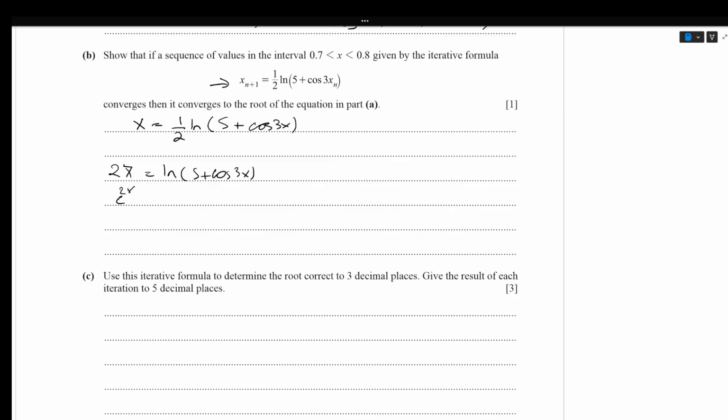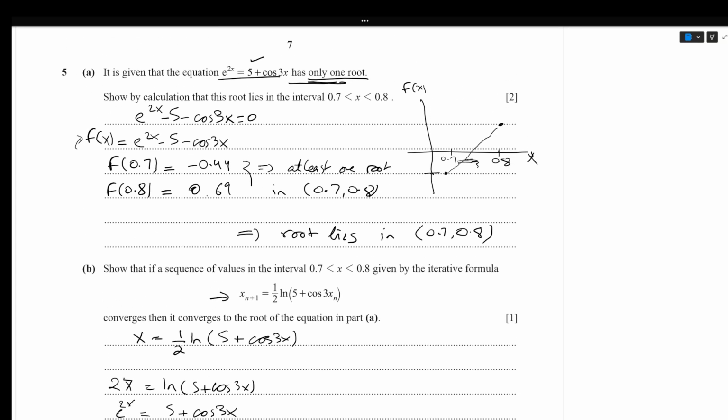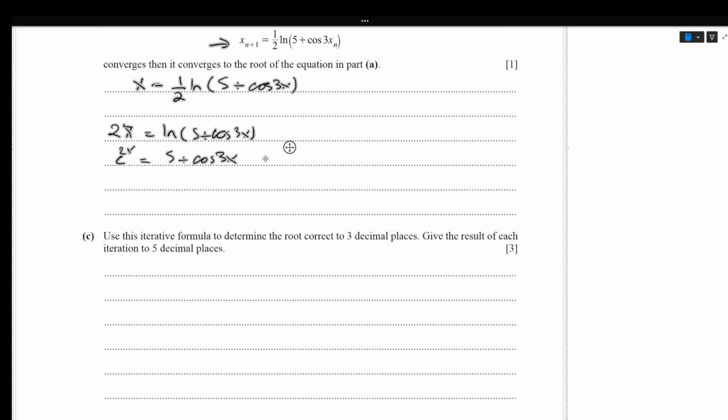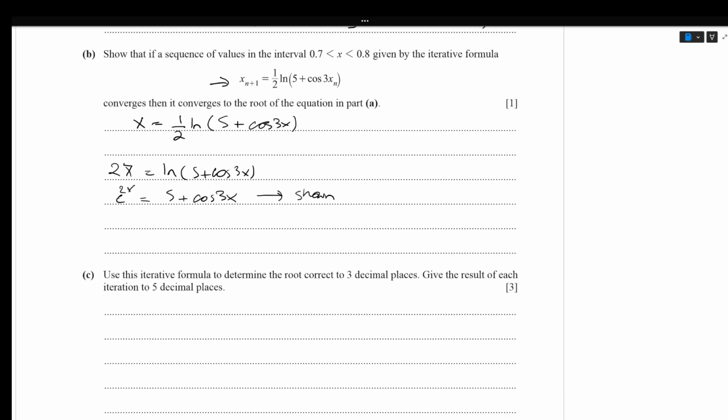So e to the 2x is equal to 5 plus cos 3x, and this is the same equation given in the question. So this shows that the point to which this converges is the root of this equation.